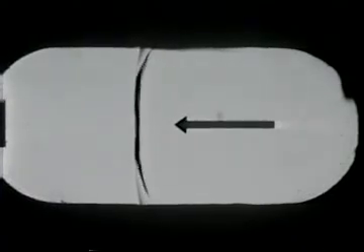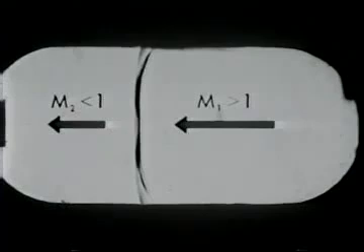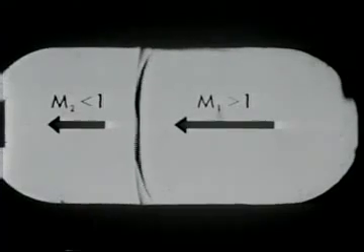This is analogous to the stationary hydraulic jump we saw in the flume, with fluid moving at supercritical speed ahead of the jump and subcritical speed behind it. Recall that the total pressure, total head, dropped in going through a hydraulic jump.